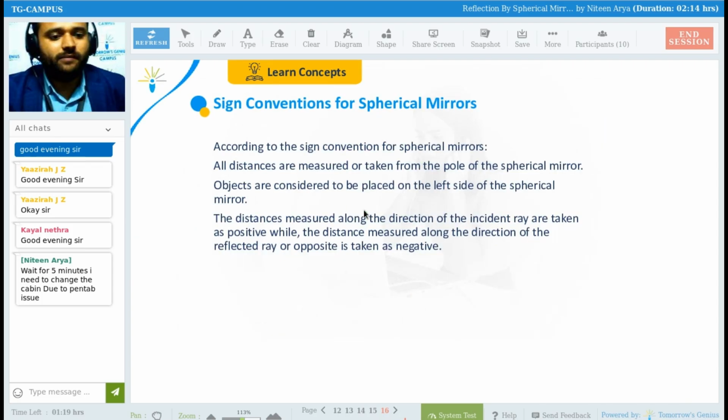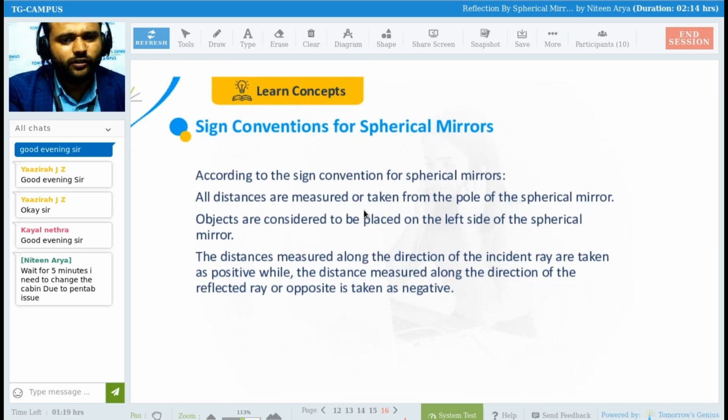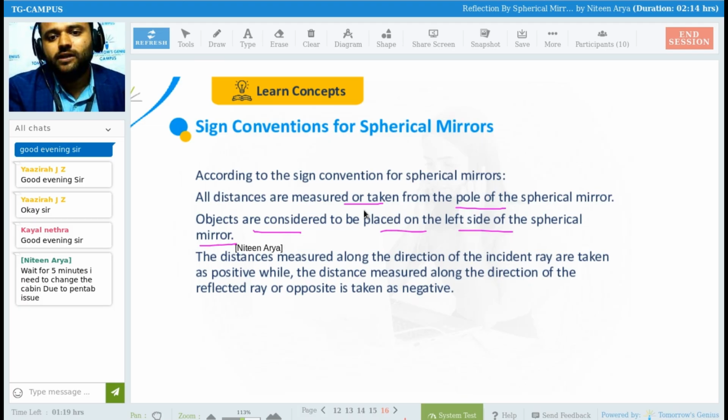Sign convention for spherical mirrors. According to the sign convention, as we already know, all distances are measured from the pole of the spherical mirror. Objects are considered to be placed on the left hand side of the spherical mirror, so U in any particular case is taken to be negative.